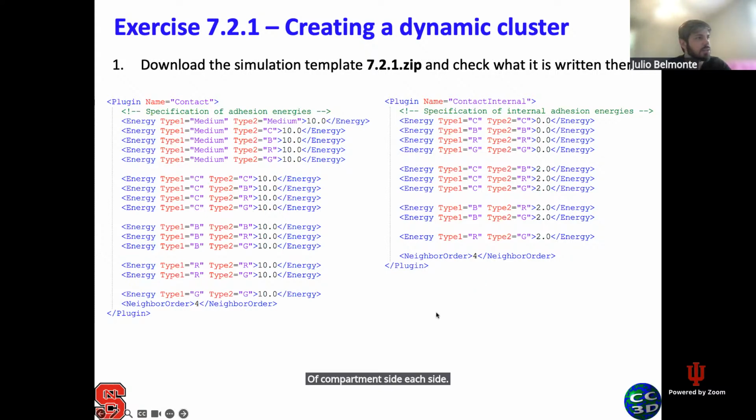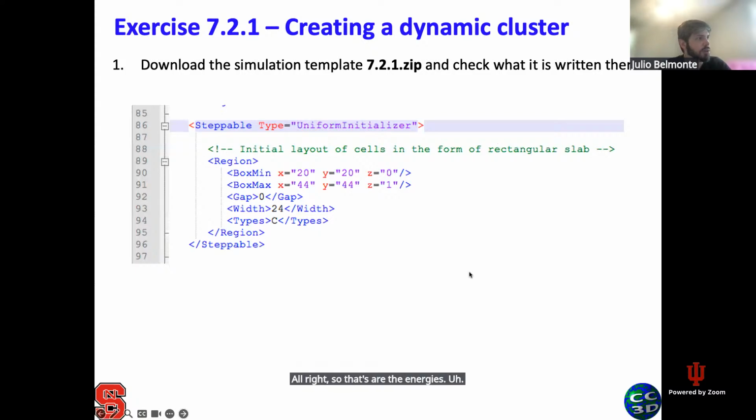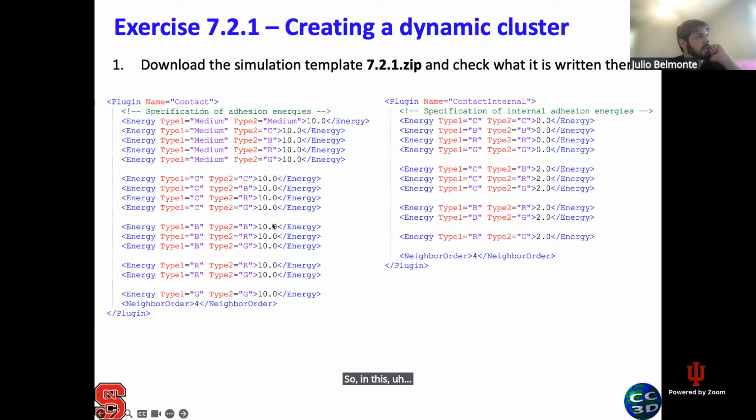All right, so those are the energies. If you look at the uniform initializer, you may notice that I start with just a single cell of type C. In this simulation, we have 3 types of cells: B, R, G. B stands for blue, R stands for red, G stands for green, and the C would stand for cytoplasm.